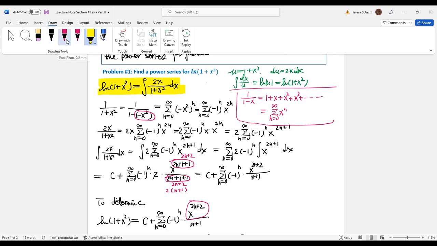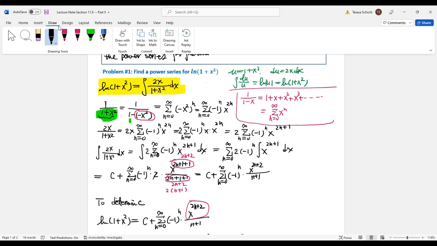The reason why I want to change that is because I know these 1 plus x squared terms, right? So this is the term I'm able to change to something similar to the geometric terms here.